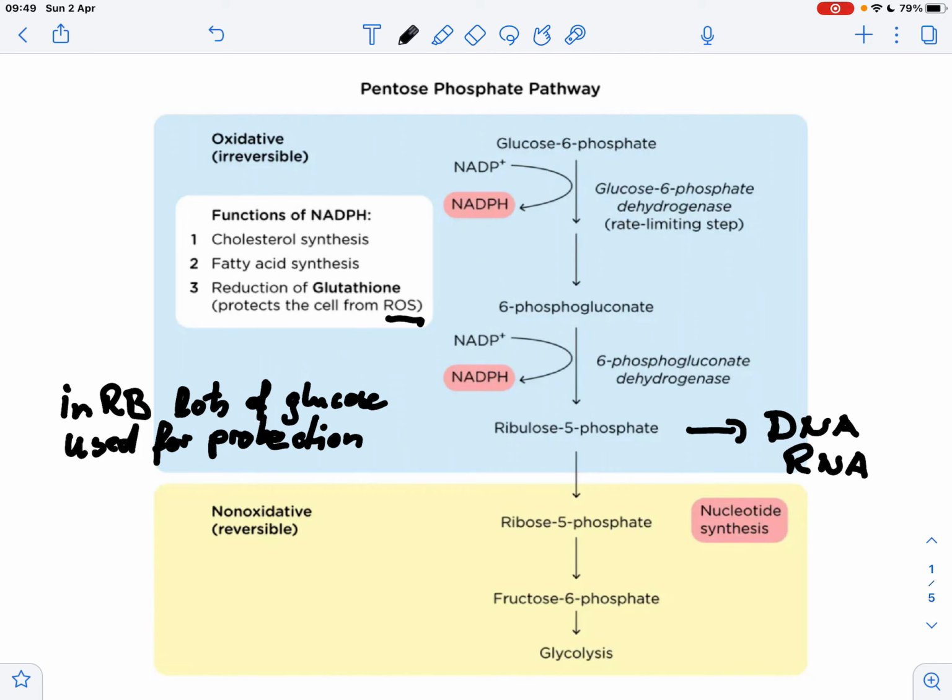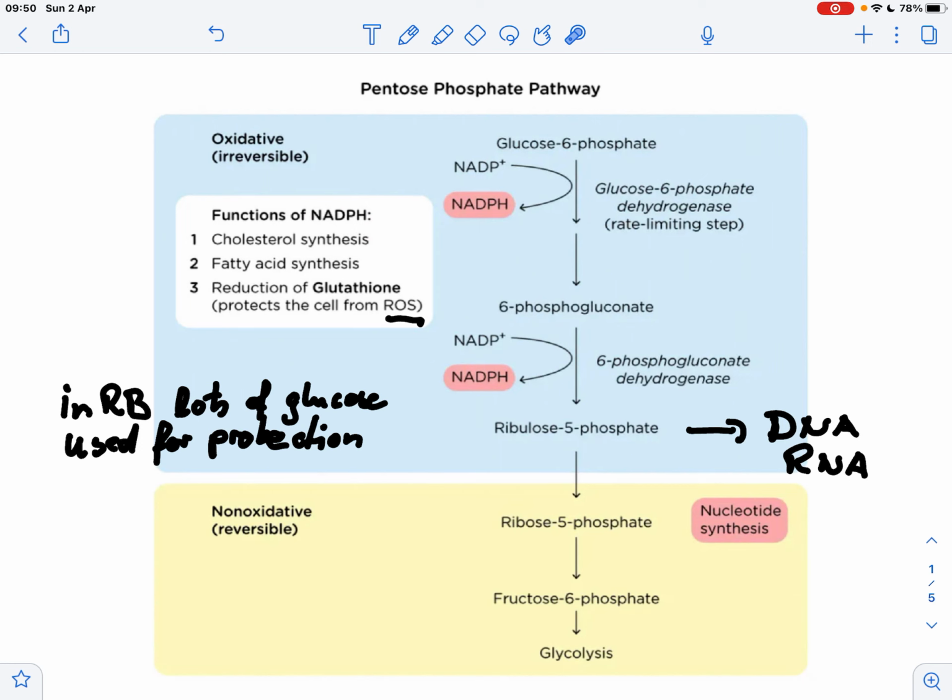In all cells, but the erythrocytes are not too bothered about DNA or RNA synthesis because they don't have a nucleus, so they don't need to synthesize anything, but they are really concerned, as much as an erythrocyte can be concerned, about the protection from the oxygen, and therefore we need this NADPH.